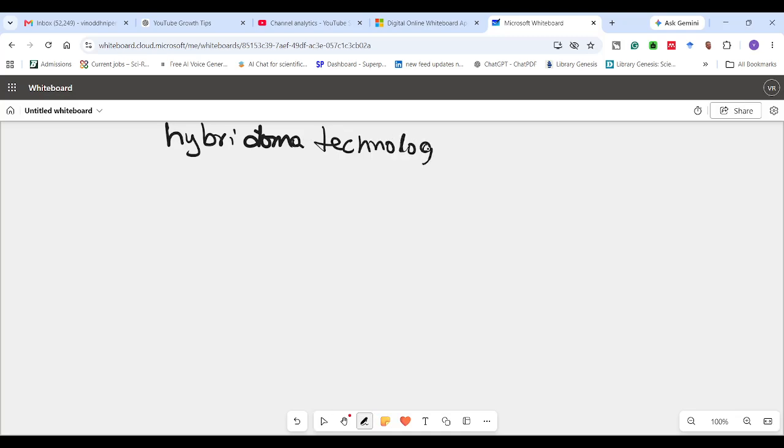So the topic is Hybridoma Technology. We need to generate monoclonal antibodies.